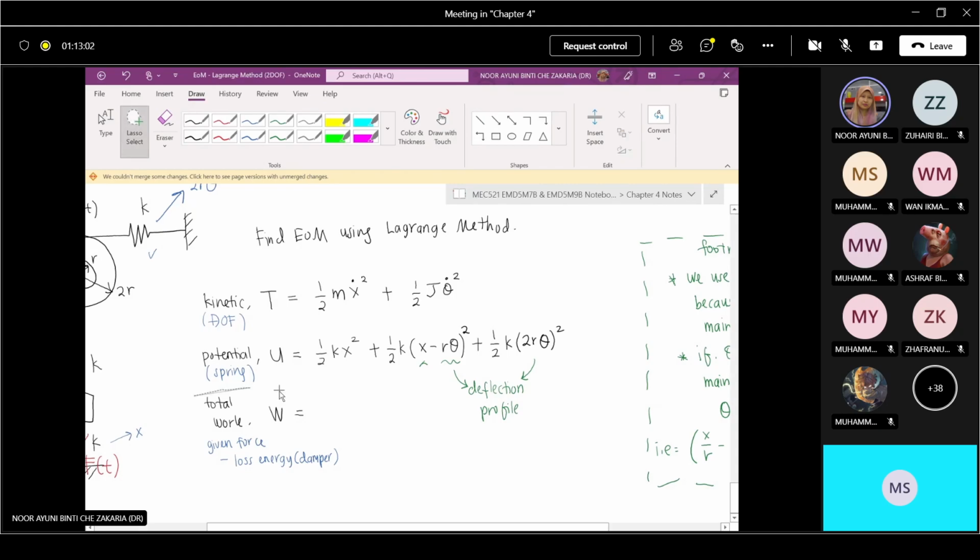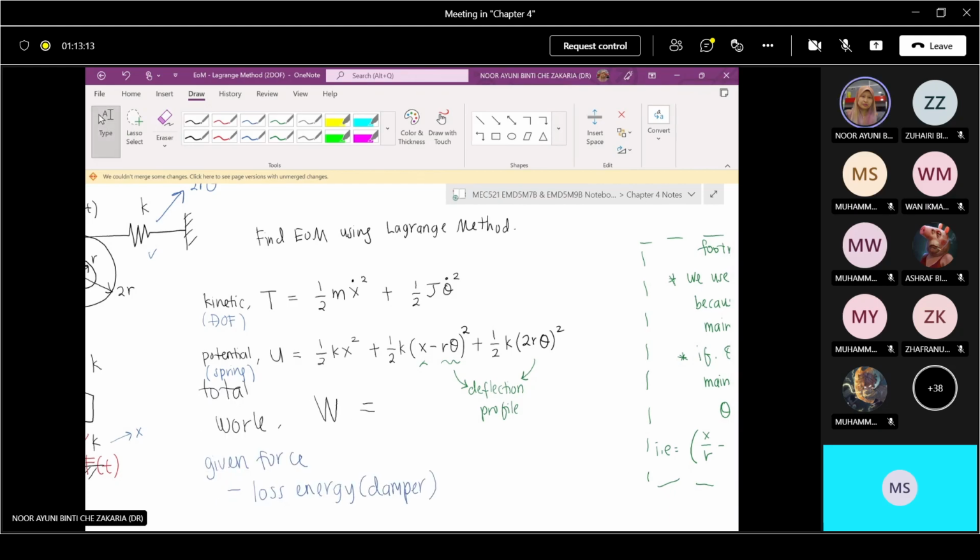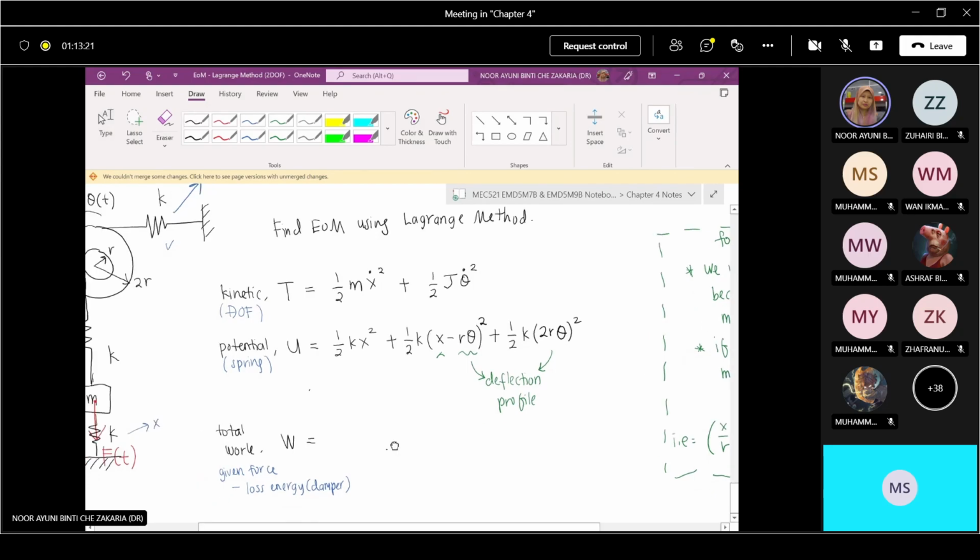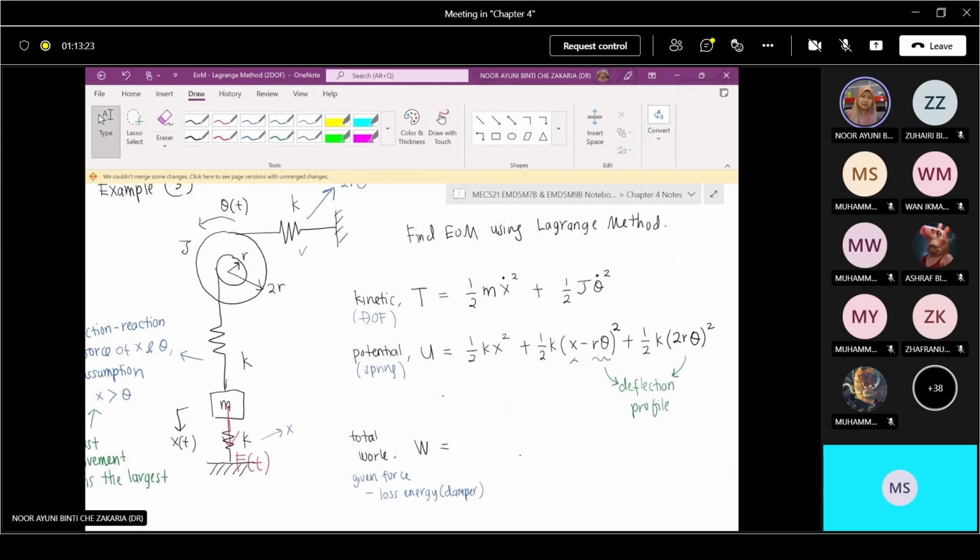Kita ada 3 benda sebelum kita pergi pada Lagrange. Dan total work. Okay. Total work is the given force to the system minus the lost energy.